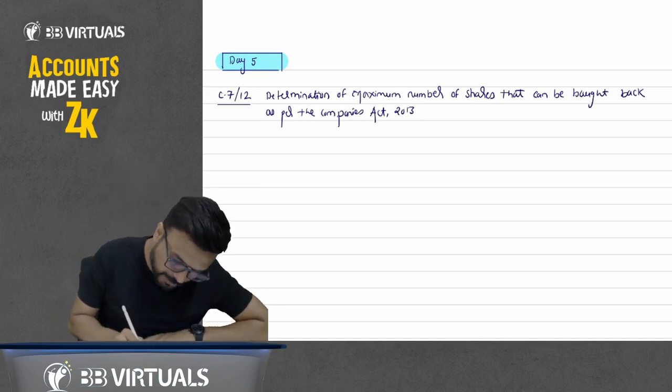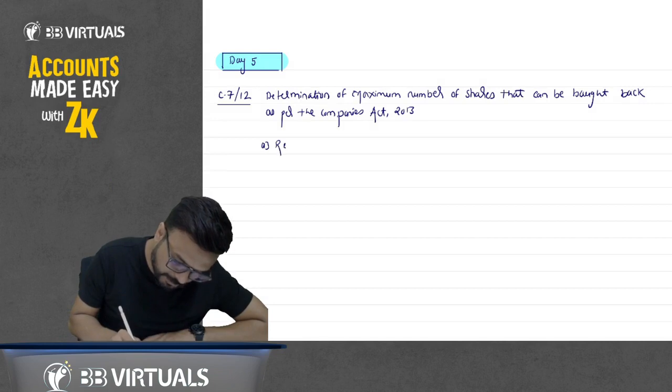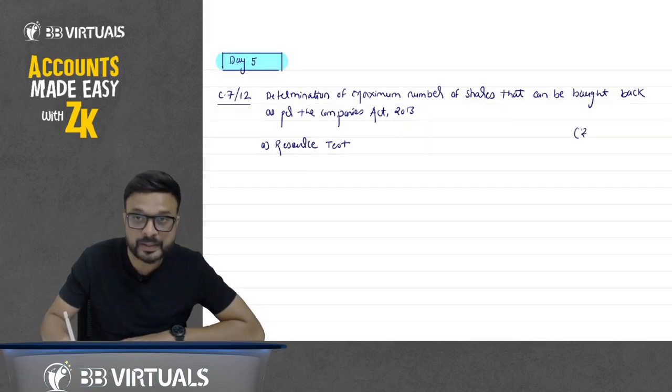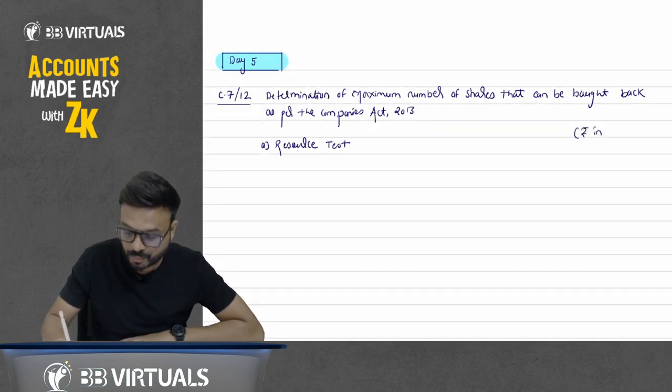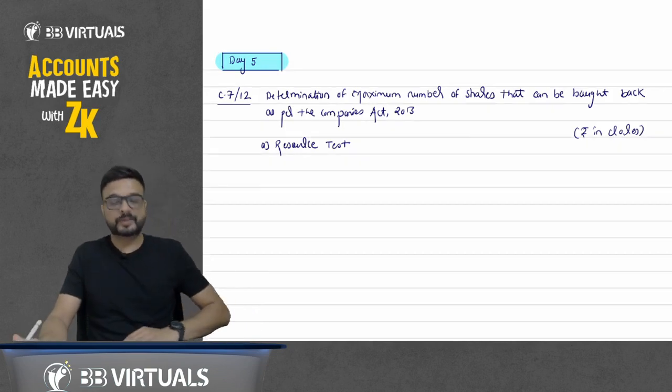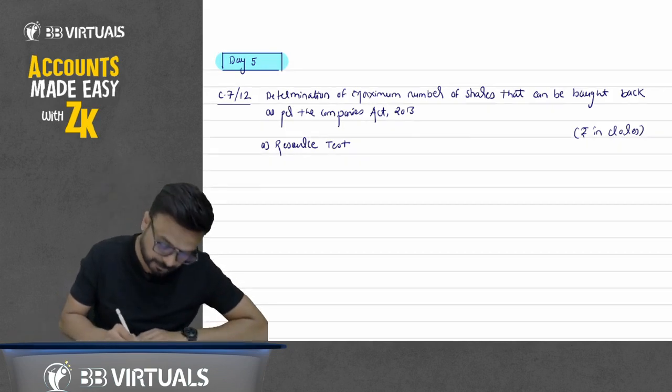The first test is the resource test. So write down there resource test, and write here rupees in crores, because the figures given in the question are in crores. So resource test first.